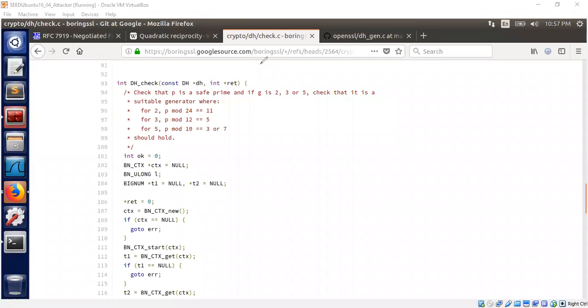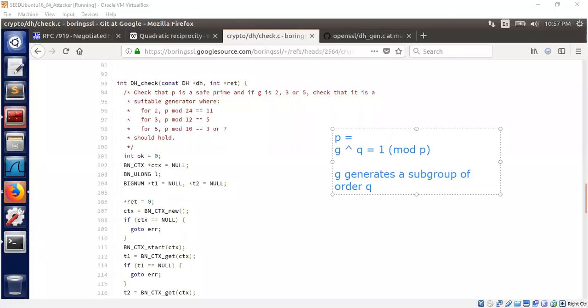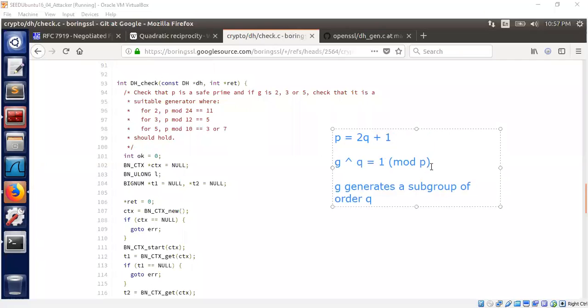For example, we saw if G^Q is equal to 1 mod P, we concluded that G generates a subgroup of order Q, in the context of the safe prime. If we assume P is equal to 2Q plus 1, both P and Q are primes, and this property is true, then we know G generates a subgroup of order Q.